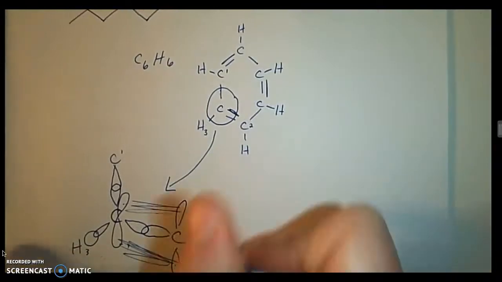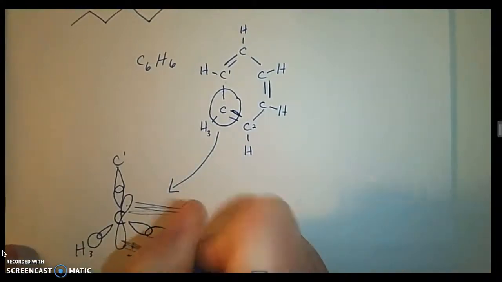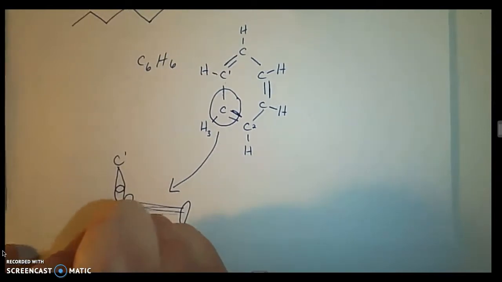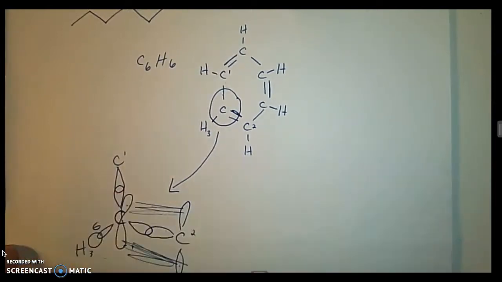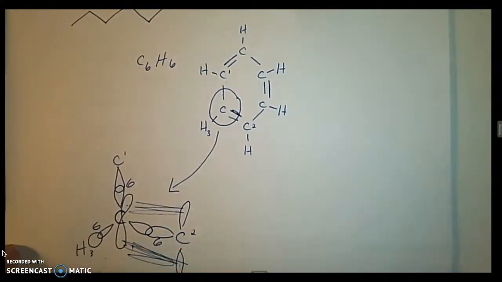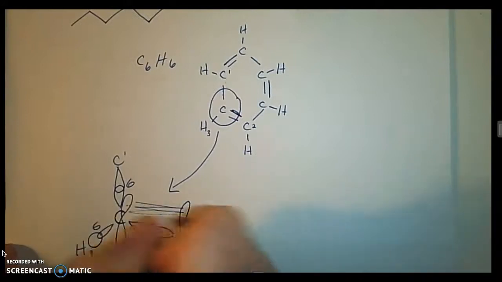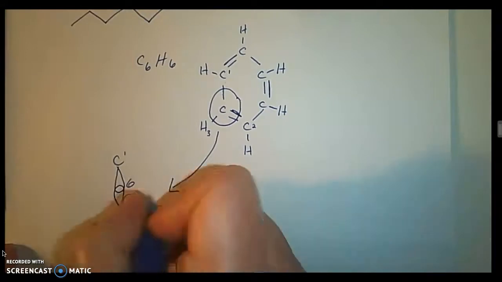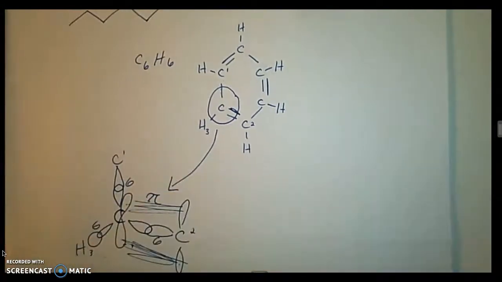Okay, and then there's some terminology that they were throwing around in the textbook. These bonds that happen between the two nuclei are called sigma bonds. Okay, and that's a Greek letter sigma to represent them. So this is a sigma bond, this is a sigma bond, this is a sigma bond. But then those bonds that happen above and below the plane of the molecule, like this one right here, that's called a pi bond.